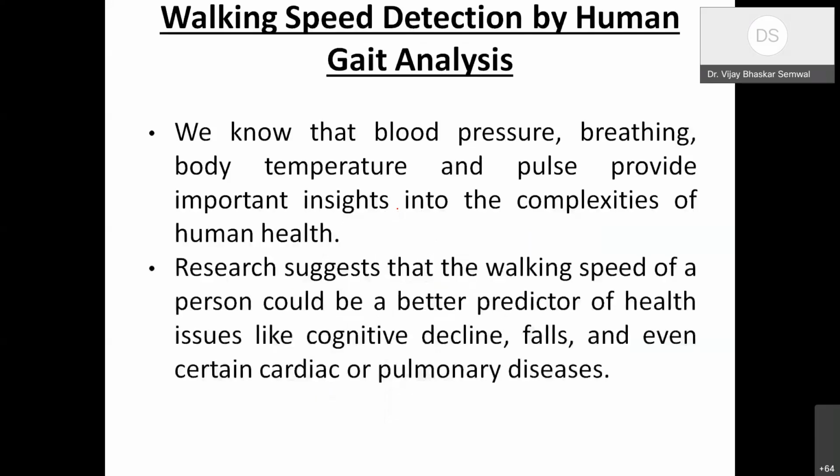Okay. Now, after seeing this, let us see the metrics by which we can justify how gait speed, gait walking, is helpful to identify human health.